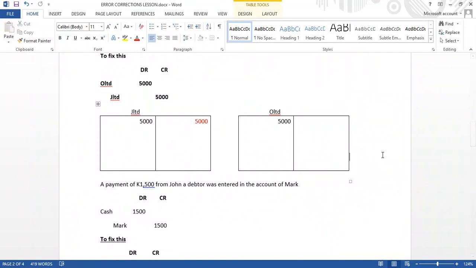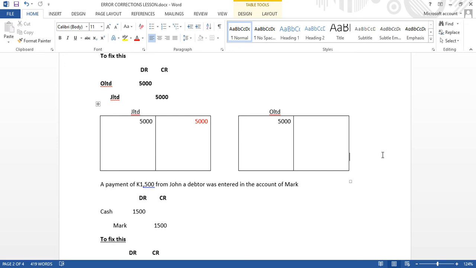Can someone try? No, no. Here there's no contra entry.